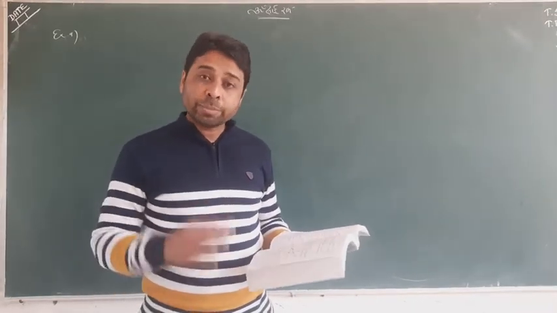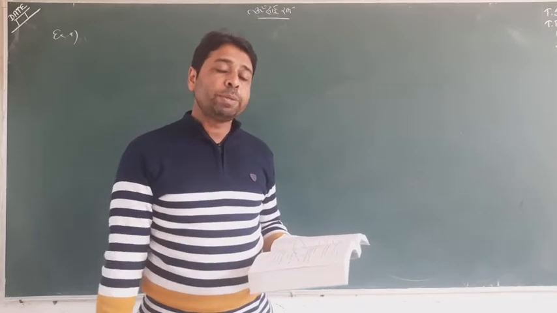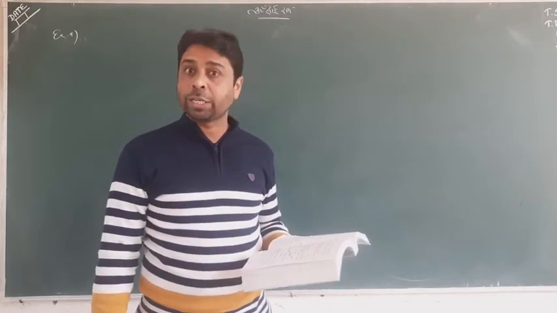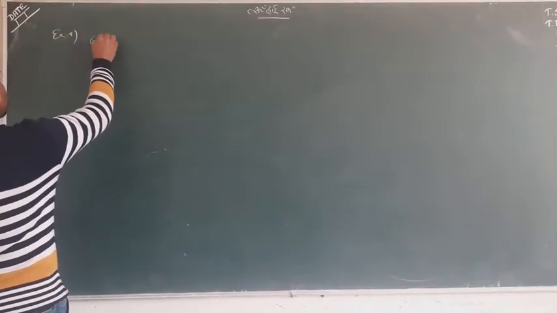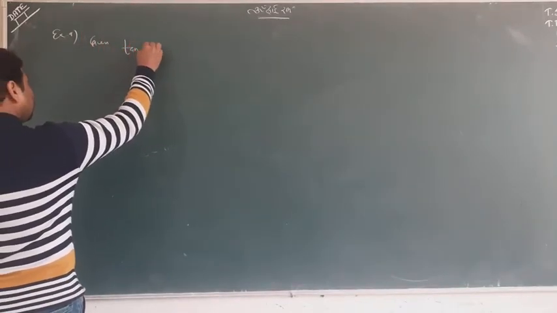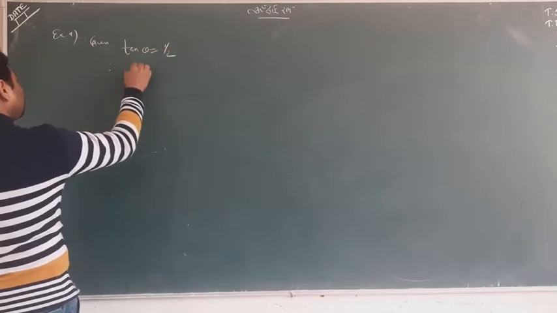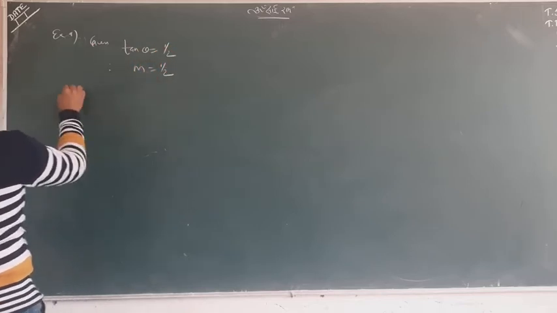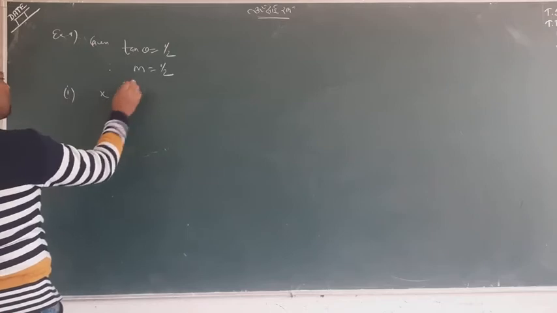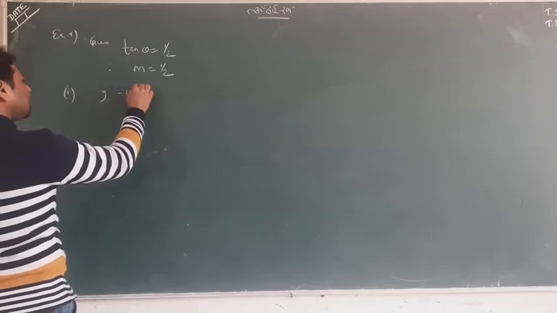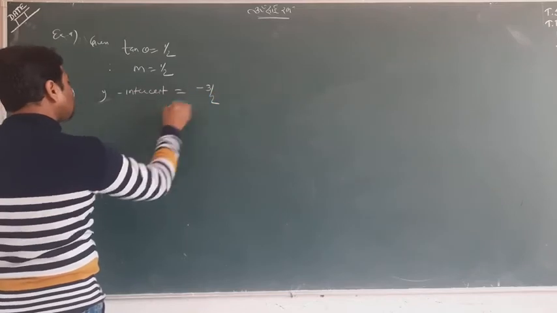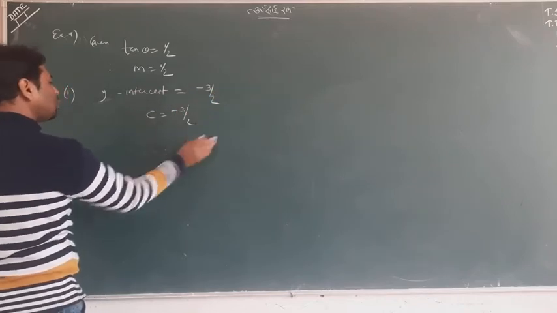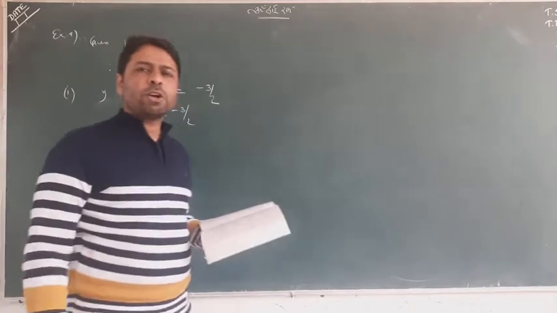Here the intercept is given and the slope is given. So the answer will be the slope-intercept form. Given that tan theta is half, meaning m is half. In the first question, where the y-intercept is given as -3/2, you should know that the y-intercept is called c. So please recall your knowledge.